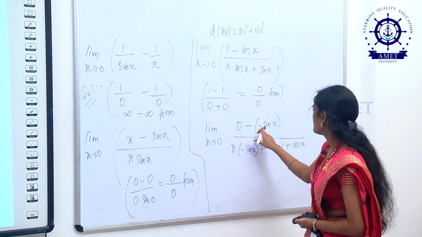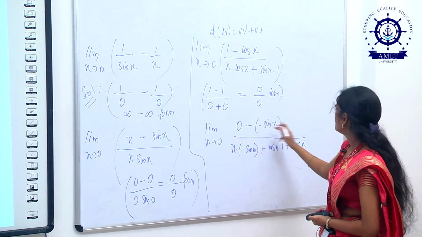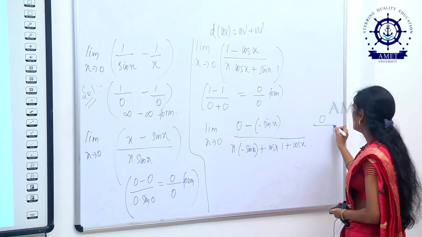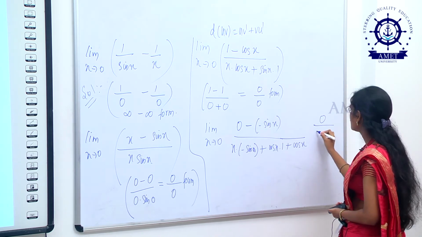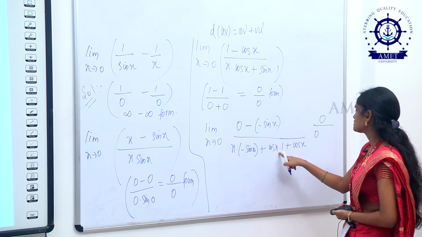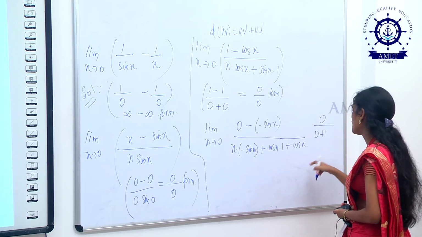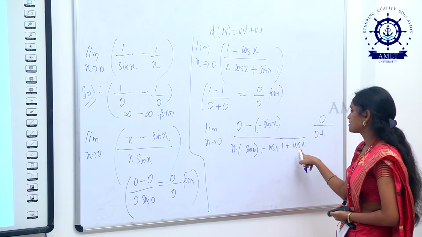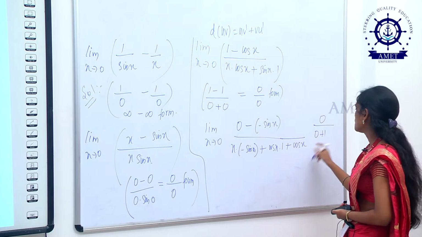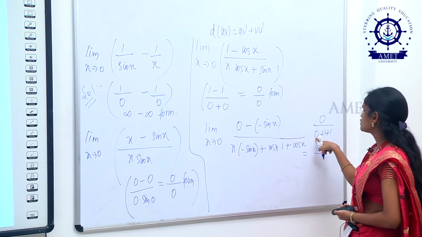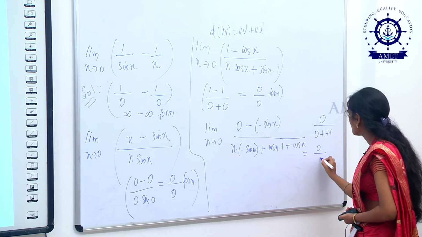Negative into negative is positive, so sin 0 is nothing but 0 in the numerator, and the denominator is 0. Here the first cos x, substituting x value 0, is nothing but 1. Second cos x, substituting x is 0, so plus 1. Which is equal to 0 divided by 0 plus 1 plus 1 is nothing but 2.